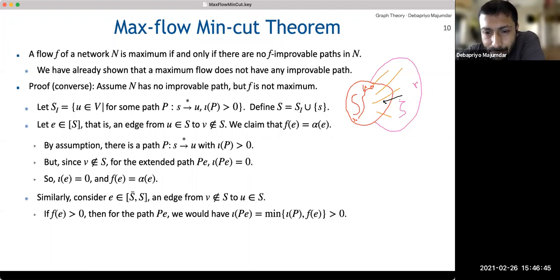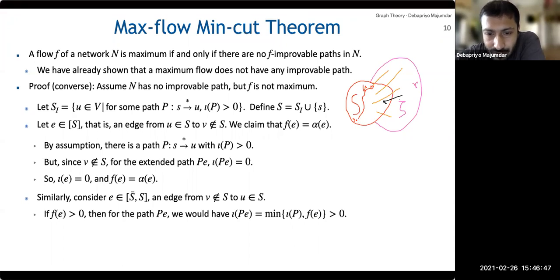So then up to this much, I already have an improvable path. Up to this much, I could already improve this path, right? Because that's how my S is constructed. And if this is also positive, I could decrease the flow there and improve the whole path, right?